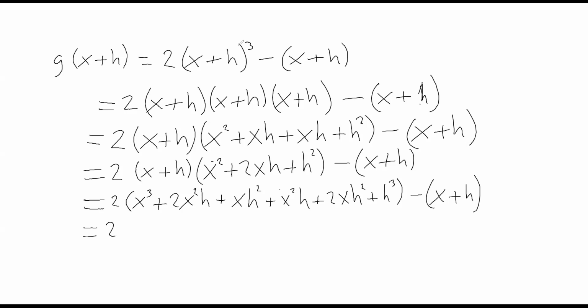So 2 times x cubed plus 2x squared, actually it's 3 x squared h plus 3xh squared plus h cubed minus x plus h.